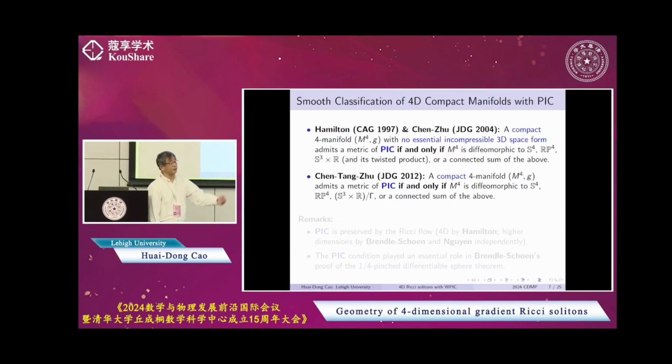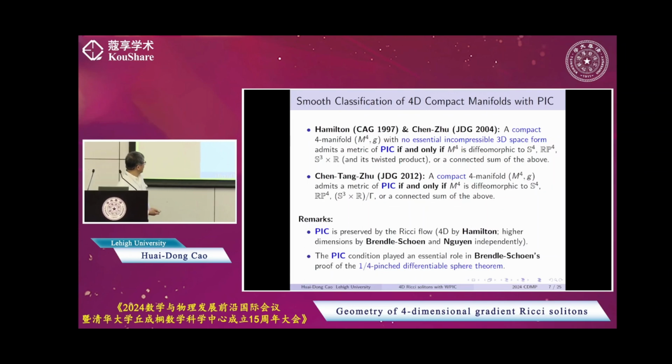So they are diffeomorphic to S4, RP4, or finite quotients of S3 cross R, or their connected sums. So the PIC condition, I remark, is preserved by the Ricci flow. And also half PIC, Hamilton observed, is also preserved by the Ricci flow. So half PIC in that sense is natural for the Ricci flow.